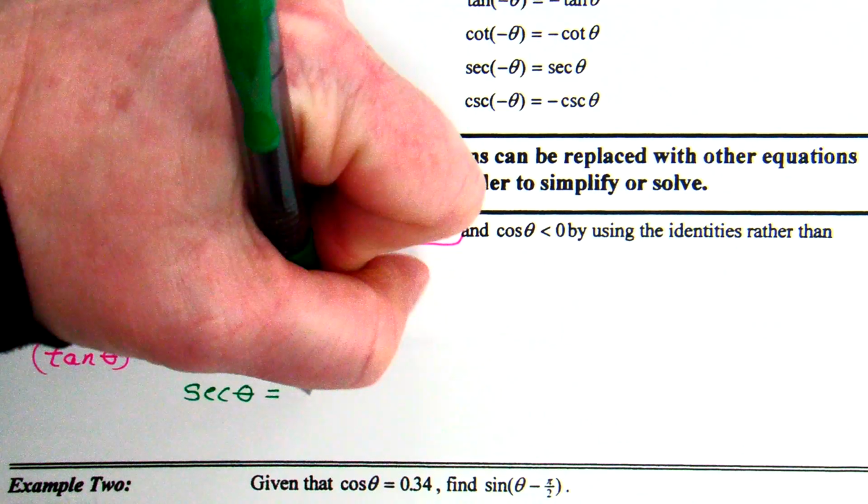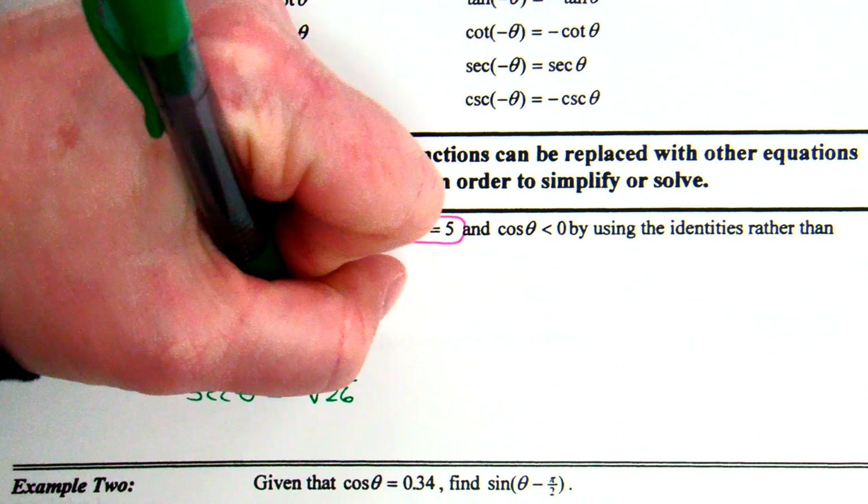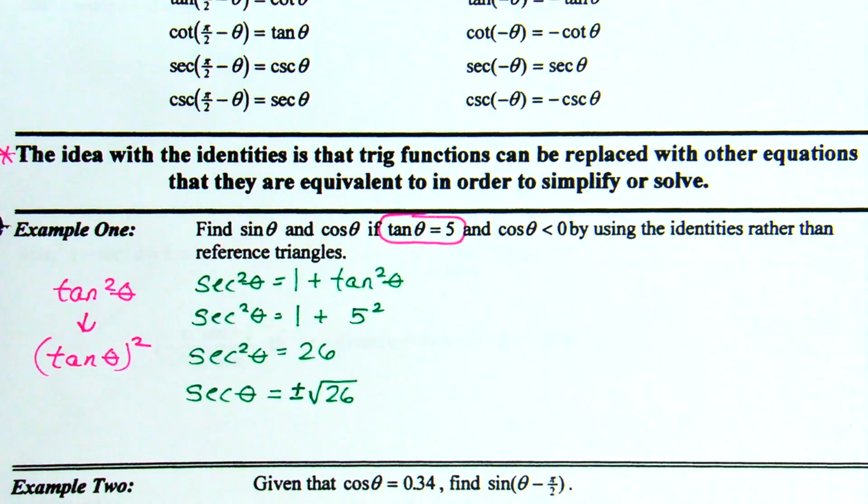When you take the square root in an equation setting, officially, you need to tag on a plus or minus until you examine, is it positive, is it negative, or is it by chance both?